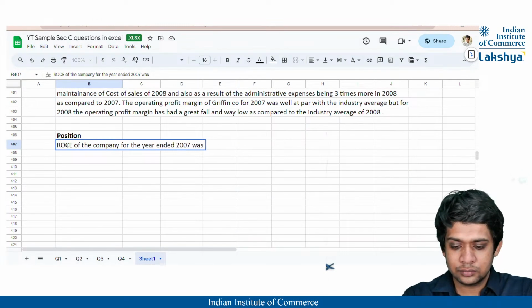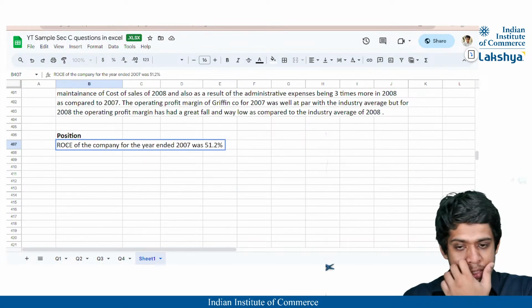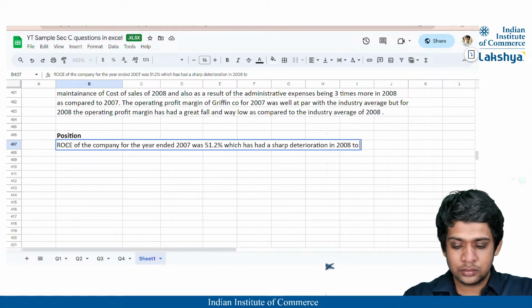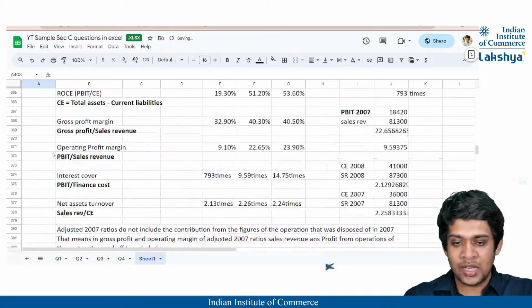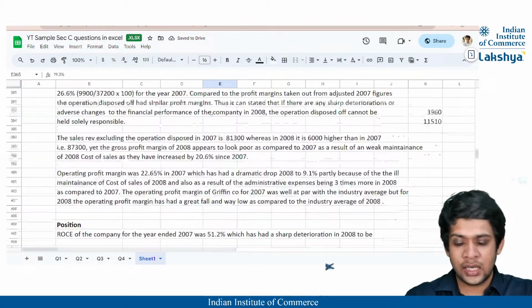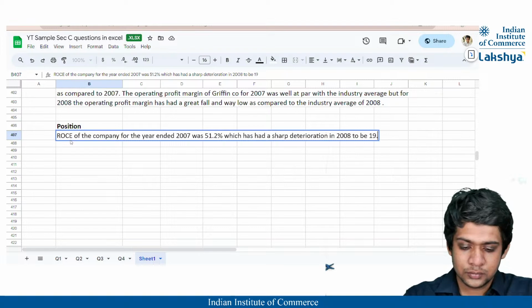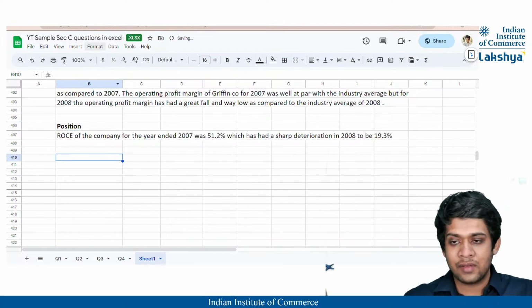Was 51.2%, which has had a sharp deterioration in 2008 to be, how much is it now? 19.2%, I guess, yeah? 19.3%. To be 19.3%. Why so?